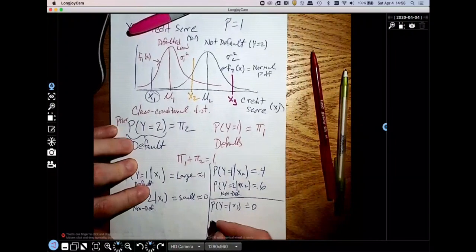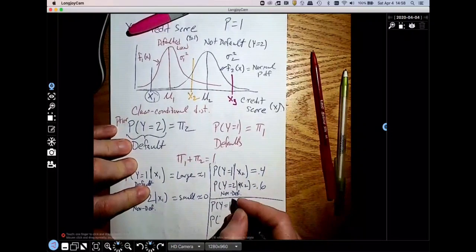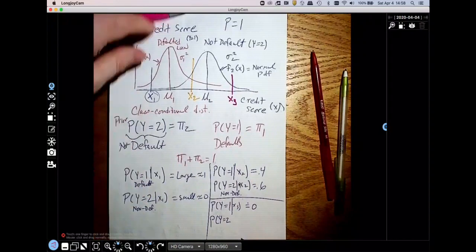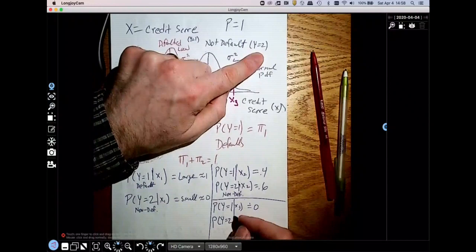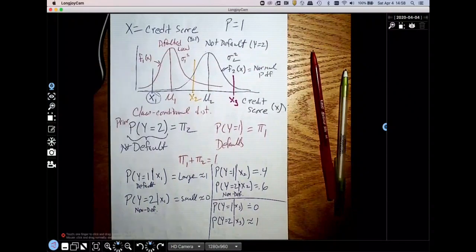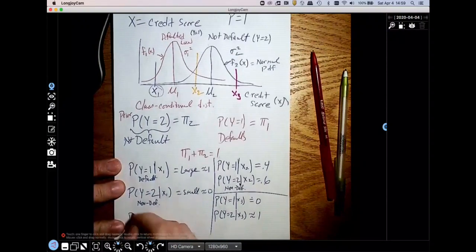It's not very likely. Whereas the probability that y is equal to 2, so what's the probability I'm in this non-default case given x3? Well, that's going to be close to 1. All right, so that is the use of the posterior distribution.